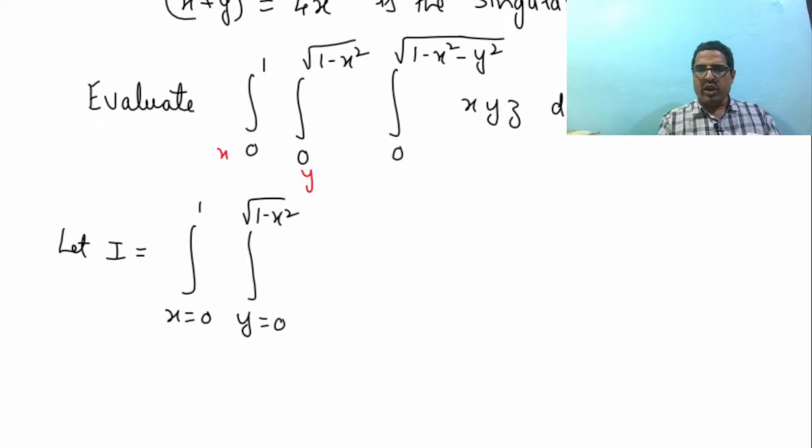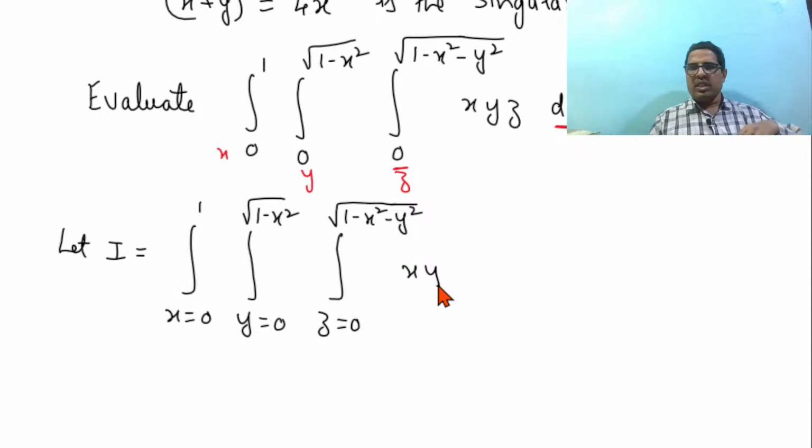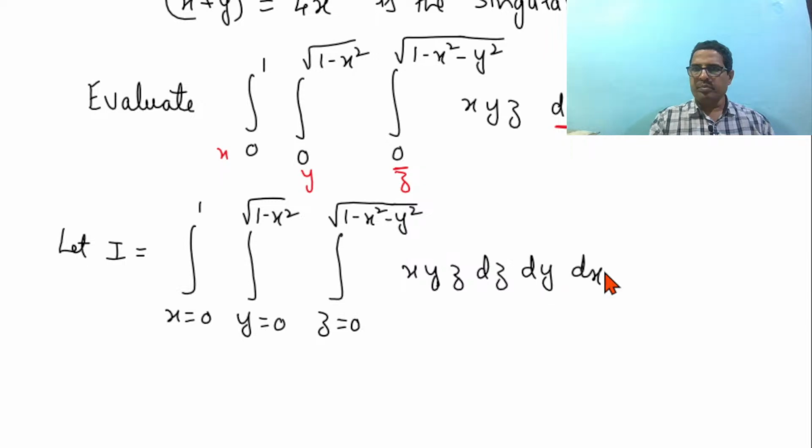Because you have dz, z equals 0 to root of 1 minus x square minus y square, times xyz dz dy dx.